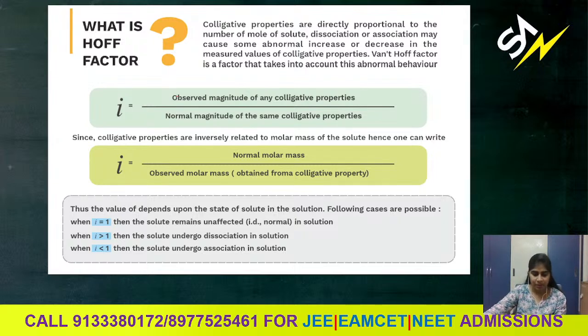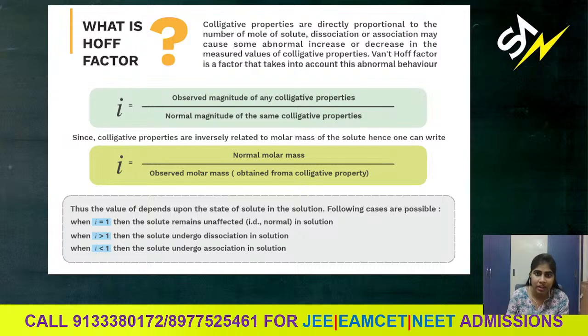And we have one more important term, that is Van 't Hoff factor. These colligative properties are directly proportional to the number of moles of solute, dissociation or association. As we have seen in the colligative properties definition, it is mainly depending on the number of moles of solute.